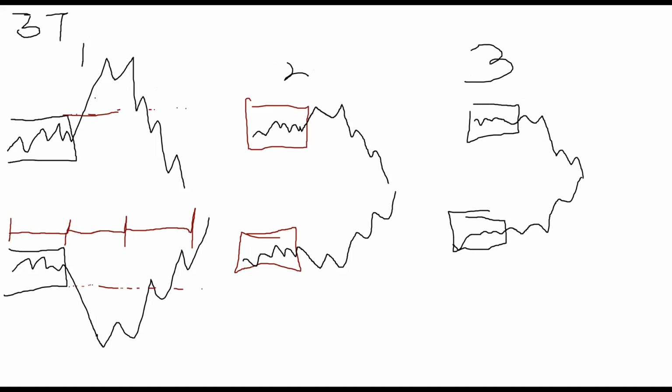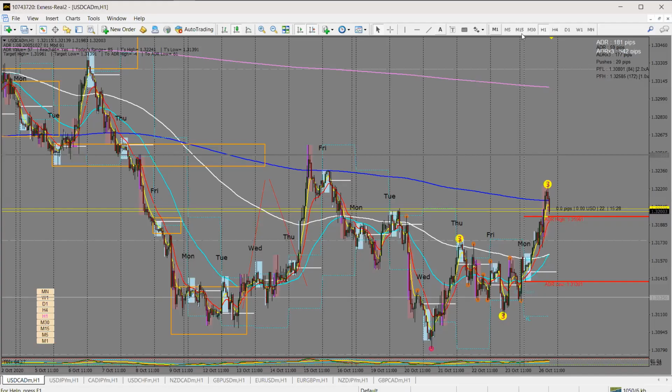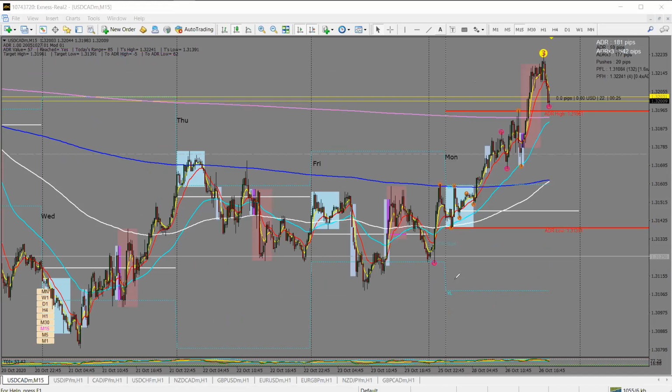Okay. So maybe I'll just go to the charts and quickly check if there's anything that you might need to see. If you look at this right here, this blue box is the Asian session. You can see for yourself that the market started by pushing up all the way.